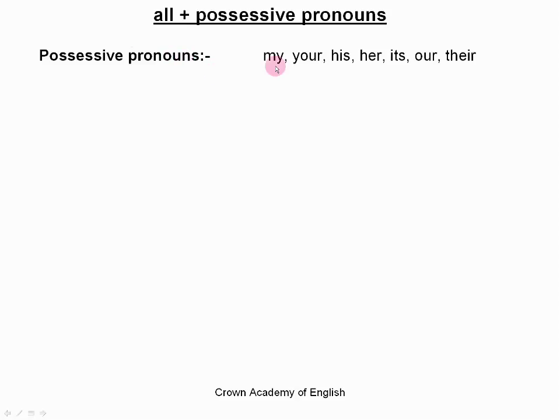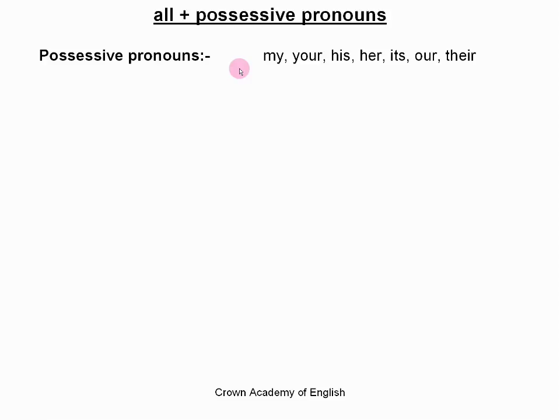The possessive pronouns are words like my, your, his, her, its, our, and their. So these possessive pronouns are used to indicate possession, that somebody owns something. And if we want to use one of these words in our sentence, then we must only use the word all. We cannot use the word every.